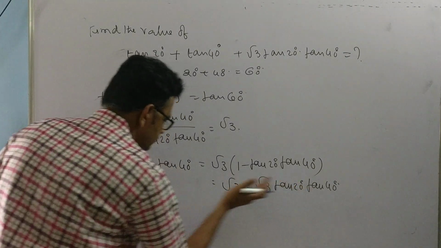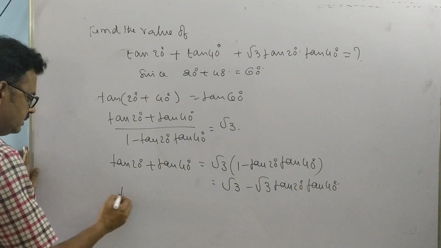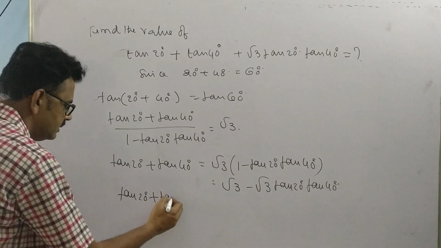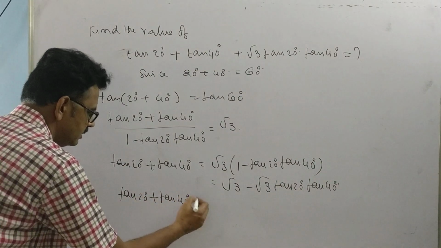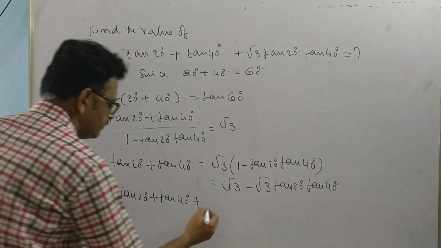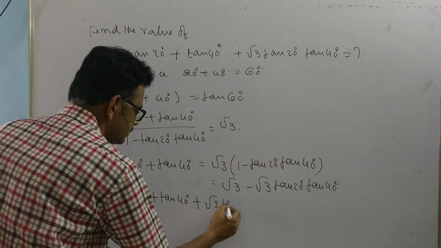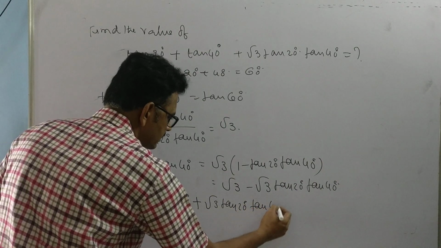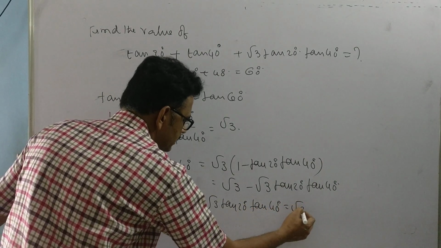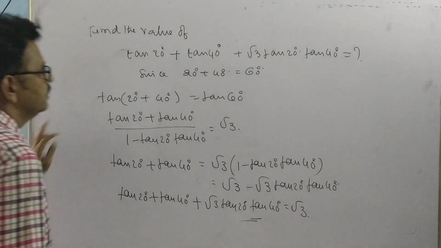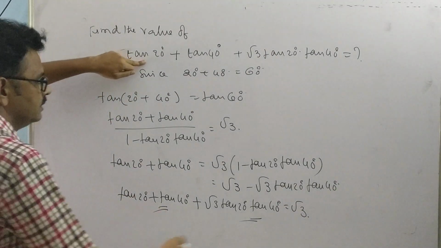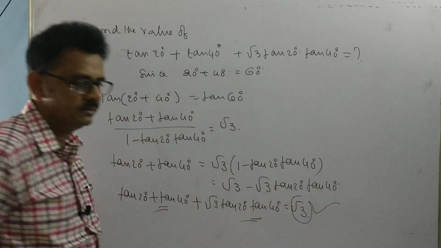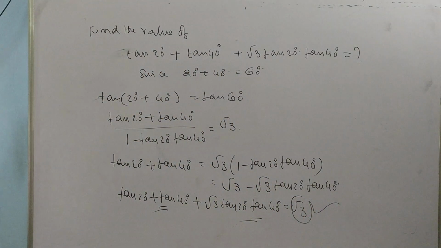Now you can write this side. Therefore tan 20 degrees plus tan 40 degrees plus root 3 into tan 20 degrees into tan 40 degrees is equal to root 3. So the value is root 3. Root 3 is the answer.